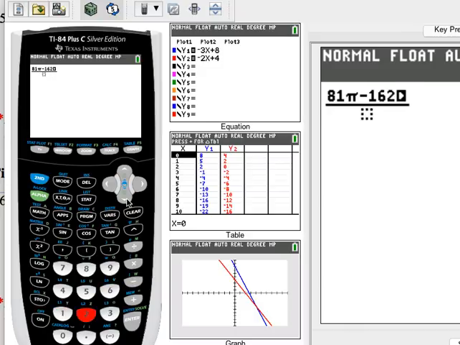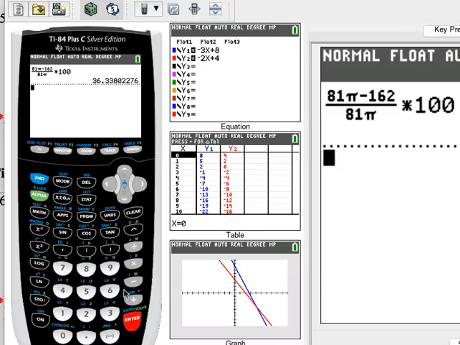And then on the bottom we can put the whole 81 pi. Then out to the side we put times 100. 36.3. You get the same answer. You just don't have to worry about separate steps and all that. All right.